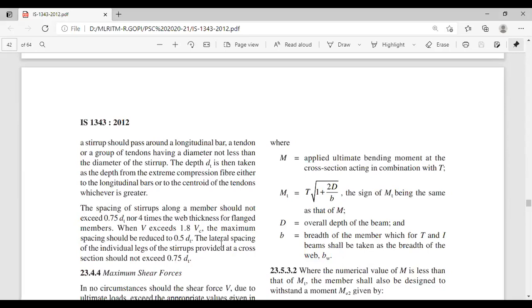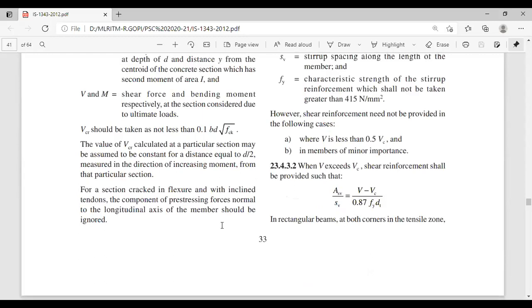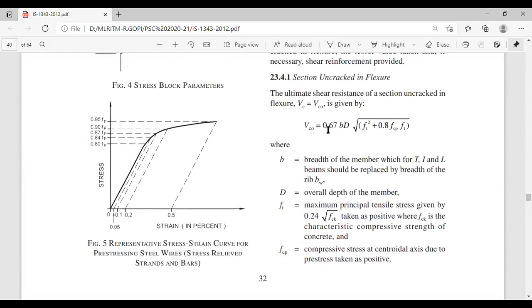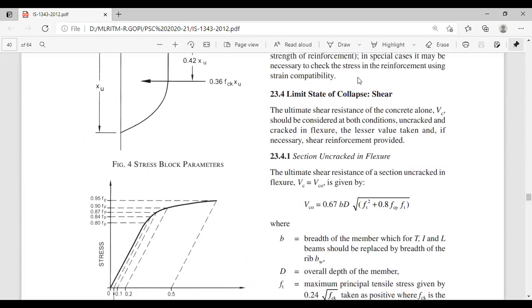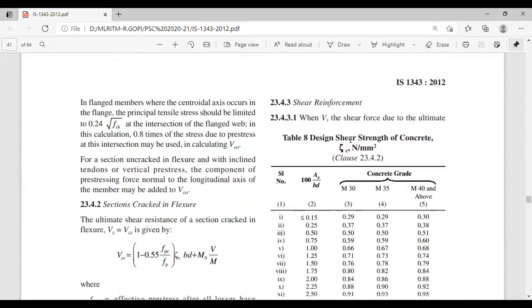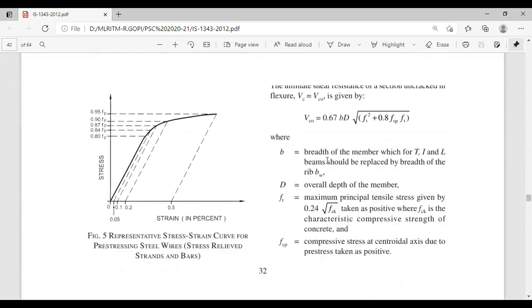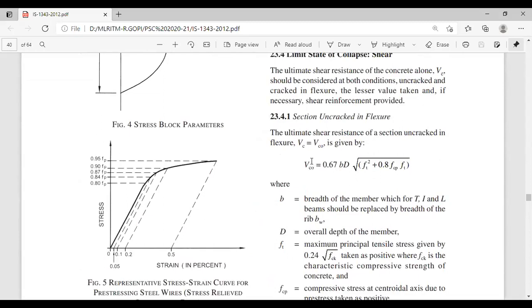Students, from the IS code page numbers 32, 33, 34, you can clearly understand how to calculate shear and how to calculate the shear reinforcement.